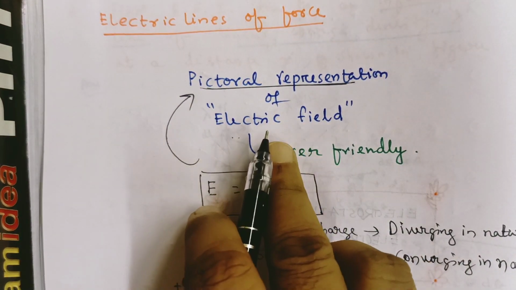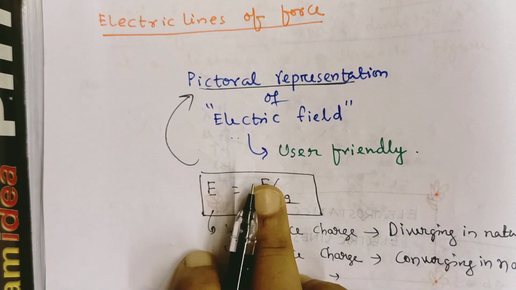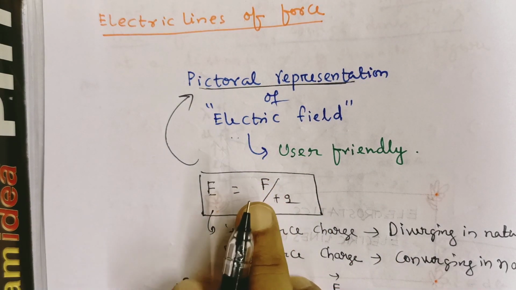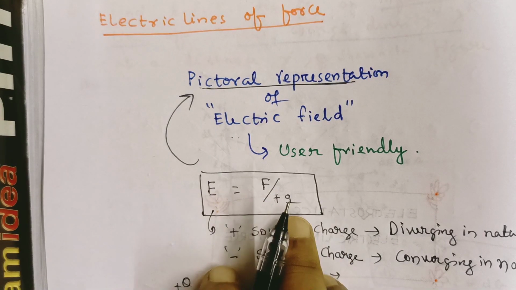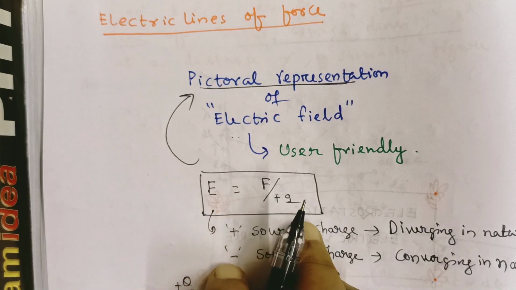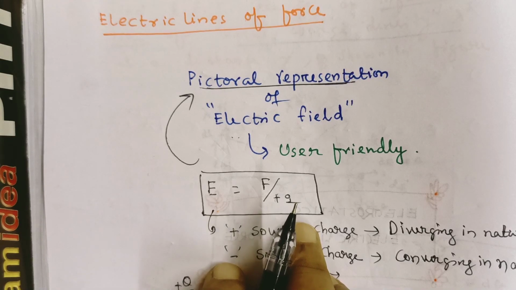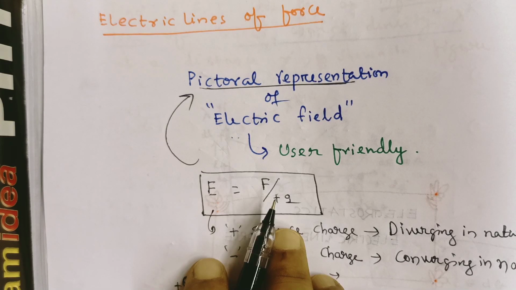That means we have to draw some pictures of some source charges. From the pictures, we will get the magnitude and direction of the electric field. It is very convenient to get an idea of the strength and the direction of the electric field. For example, if you watch a cricket game on your TV, sometimes you will see a screen with a table over and around.